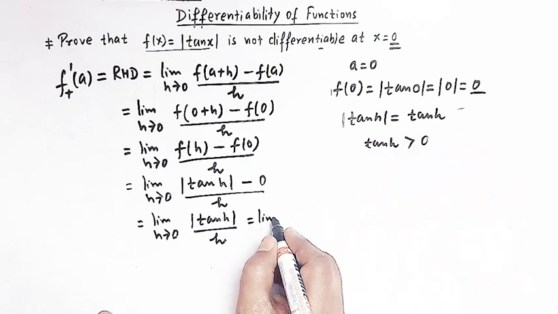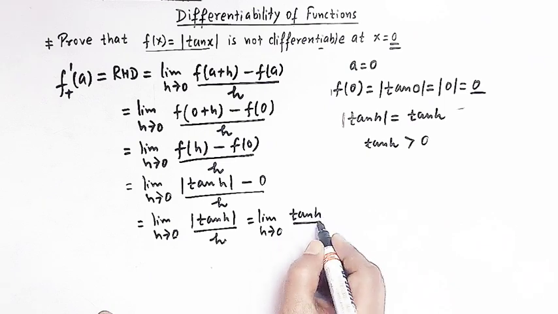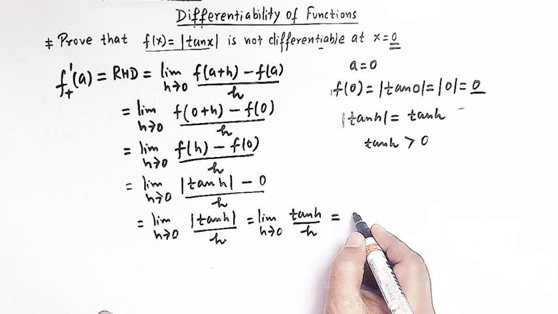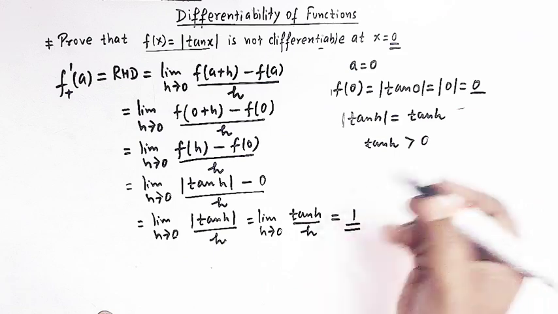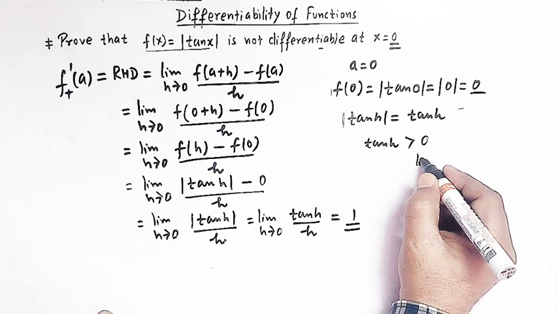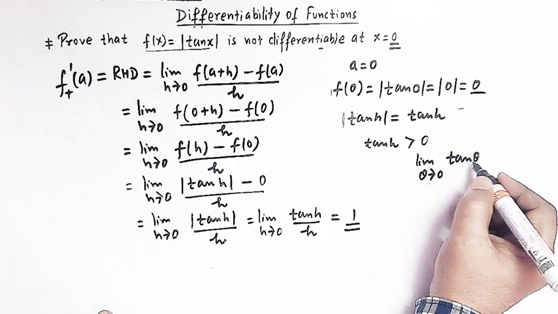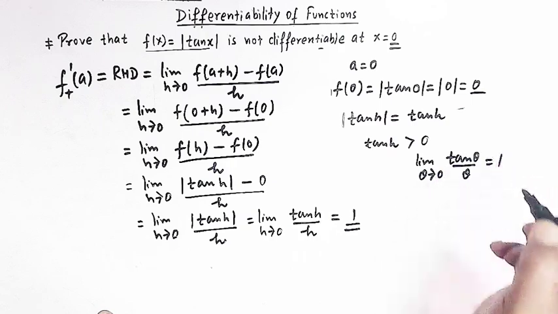So now the limit h tends to 0, tan h over h is equal to 1, because from the standard results on limits, we know that limit theta tends to 0, tan theta over theta is equal to 1.